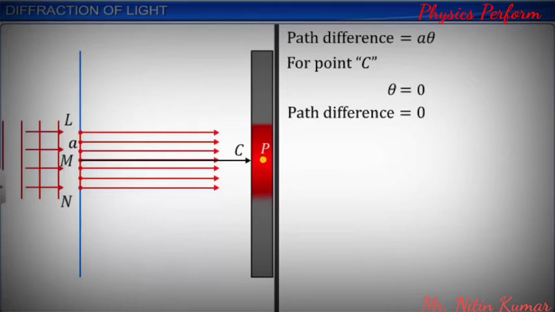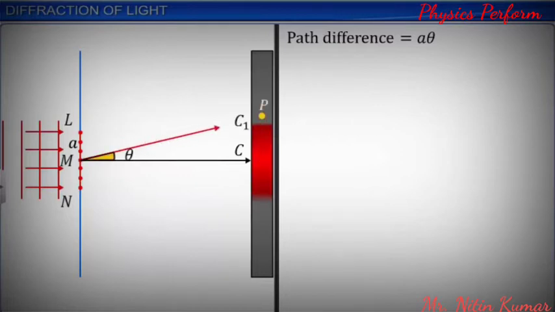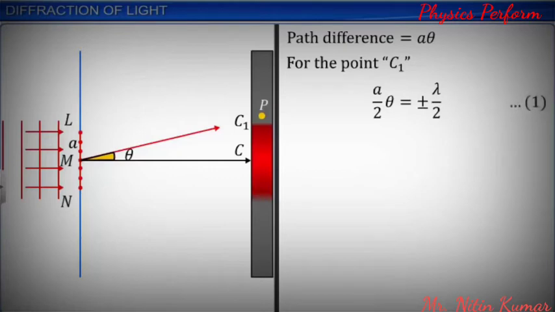Now consider another point C1 on the screen, such that (a/2) × theta is equal to plus or minus lambda by 2. Let this be equation 1. Imagine that the slit is divided into two equal halves, LM and MN, with a width of a/2 each.